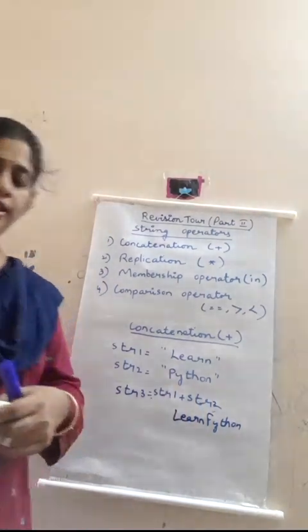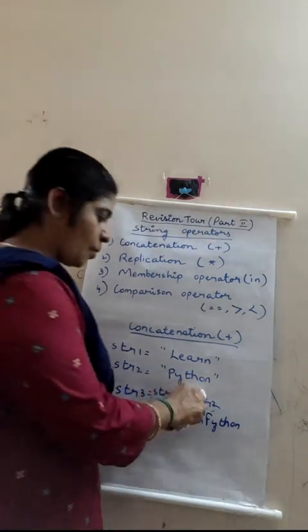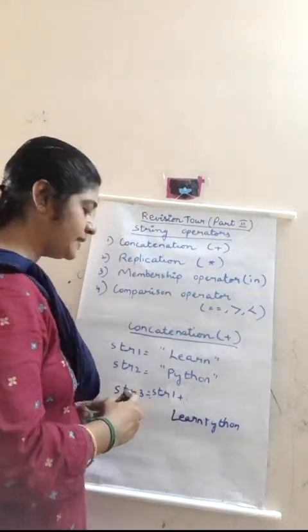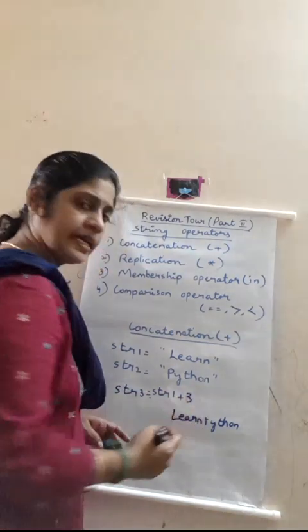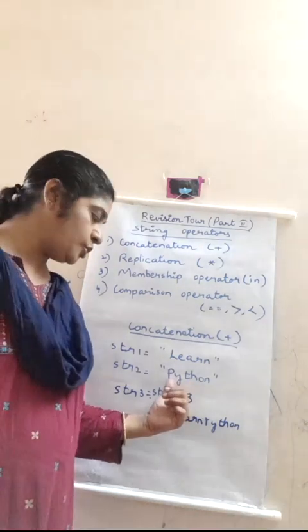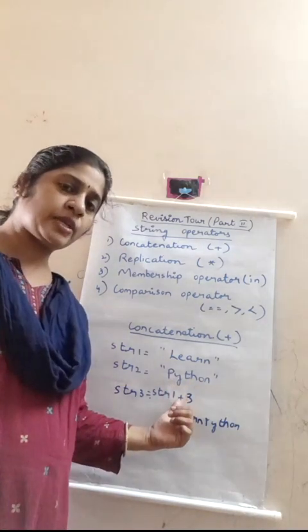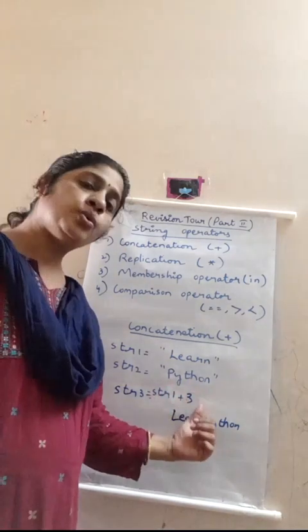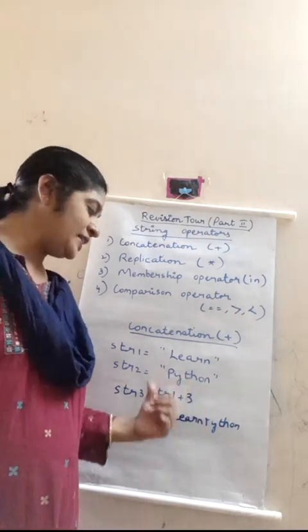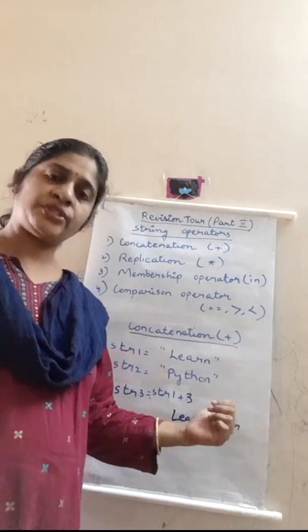You have to remember that you cannot have one string and one integer. Suppose I cannot write string 1 plus 3. This I cannot do, because if you want to use this plus operator, either both operands should be integers or both operands should be strings.